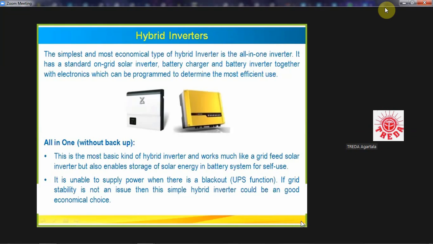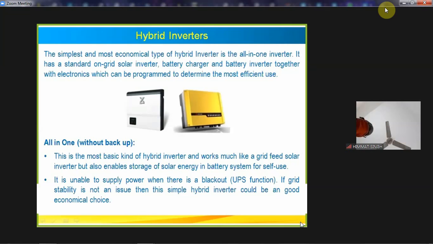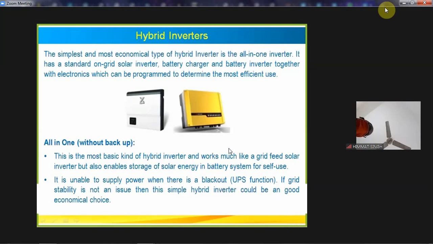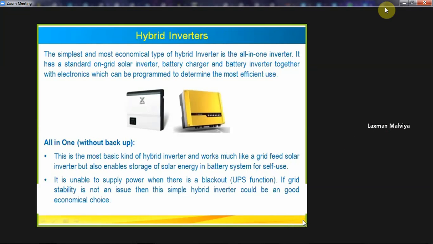This is the most basic kind of hybrid inverter and works like a grid-tied solar inverter, but also has the battery system of an off-grid one. It is unable to supply power when there is a blackout. If grid stability is not an issue, then this simple hybrid inverter could be a good economical choice.